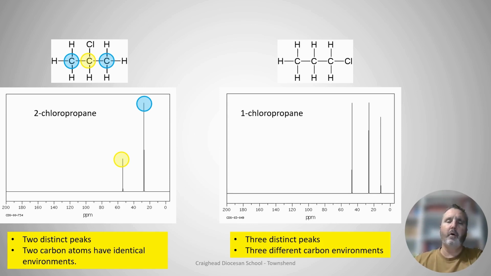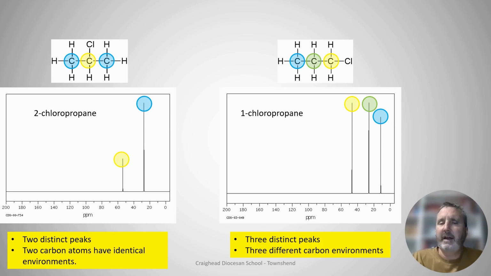Now this is important when we have to write up our report here. We don't just say that there are 3 different carbon environments. We say because there are 3 distinct peaks, there are 3 different carbon environments. And if we generally know that a chlorine shifts our peak to the left a little bit, we can say that the yellow carbon must be the peak on the left, the green one the one in the middle, and the blue one the one on the right.